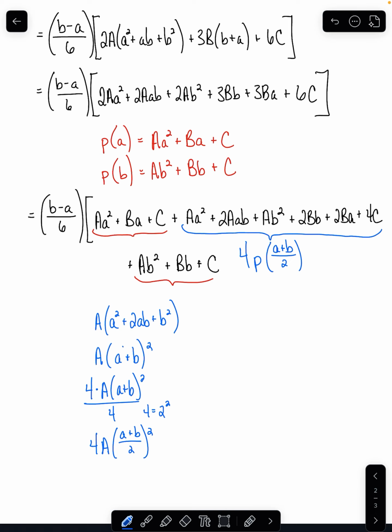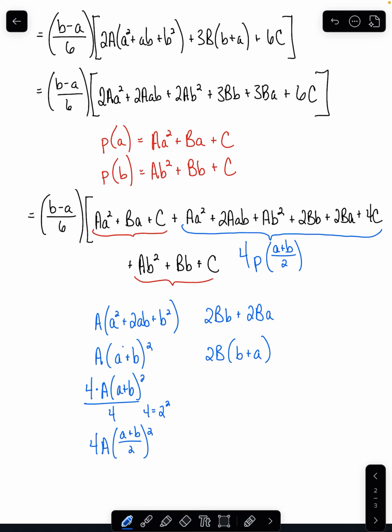Then we have the terms with the big B. We have a 2 big B times little b plus a 2 big B times little a. And this will be easier to work with since we don't have the exponents on it. We can again factor out the common 2 and the common big B. Now, if we choose, and we will, we can rewrite the little b plus little a as little a plus little b. We can simply reverse the order of it.